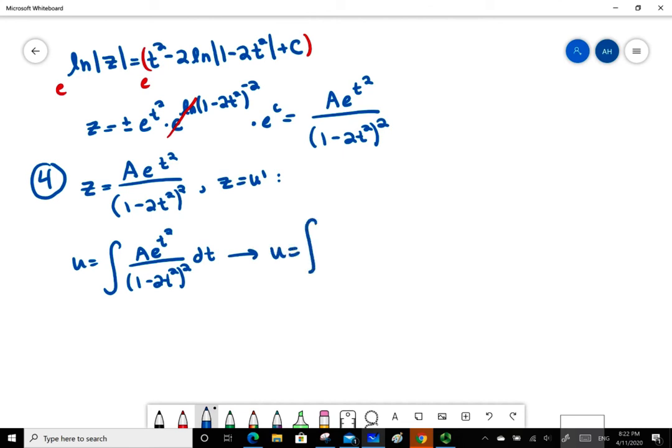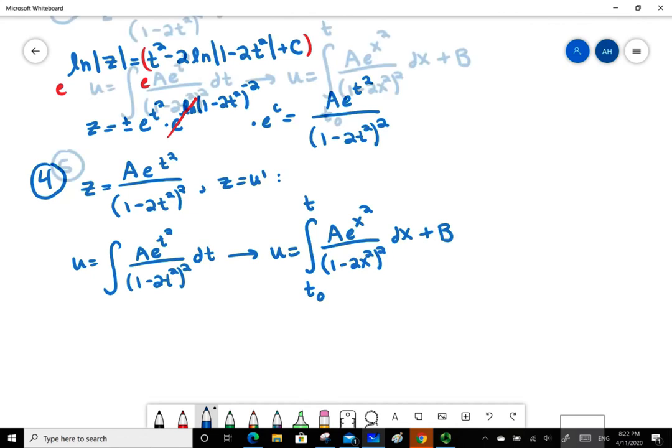So u will be the integral from t naught to t of a e to the x squared over 1 minus 2x squared squared dx plus some integration constant b.